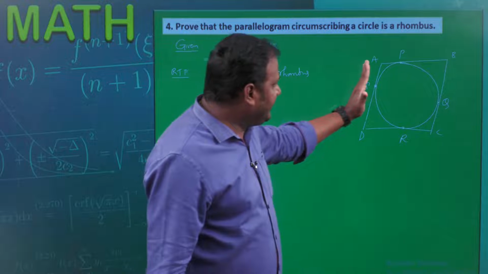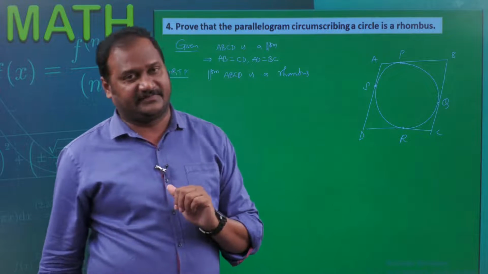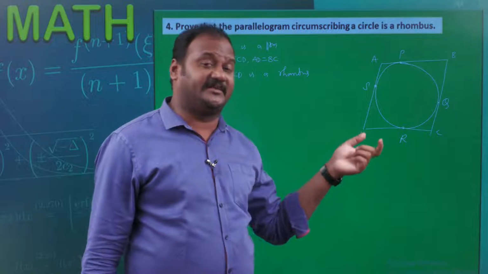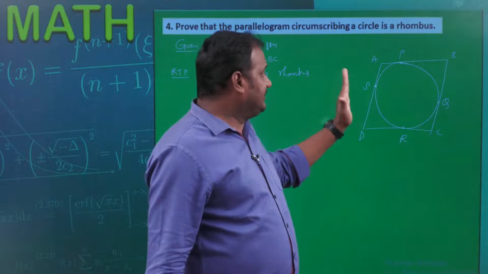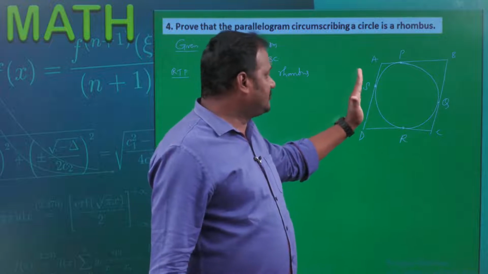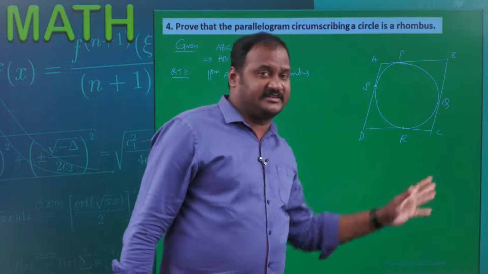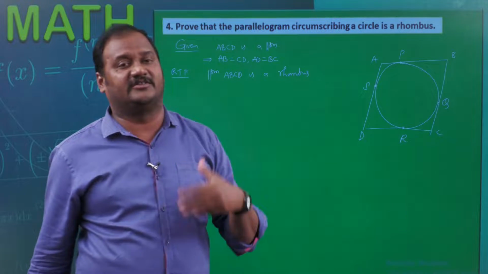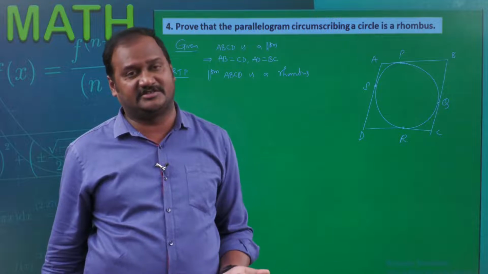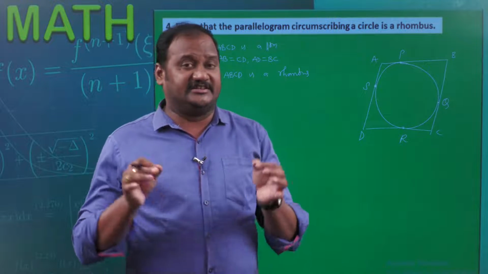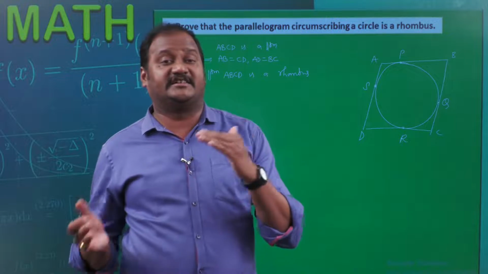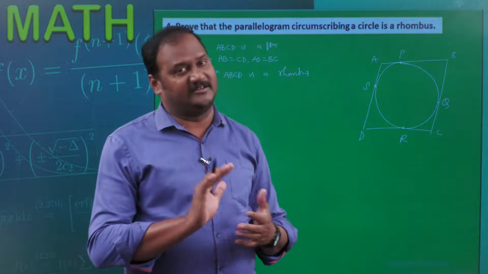Suppose if AD and DC both are equal, can we call this a rhombus? Because a pair of adjacent sides are equal. We know this side is equal to this side, but these two sides are not equal. Suppose if these two sides are also equal, then all the four sides are equal. Then if all the four sides are equal in a parallelogram, that is said to be a rhombus. So in order to prove a parallelogram is a rhombus, it is enough to prove that one pair of adjacent sides are equal in a parallelogram.